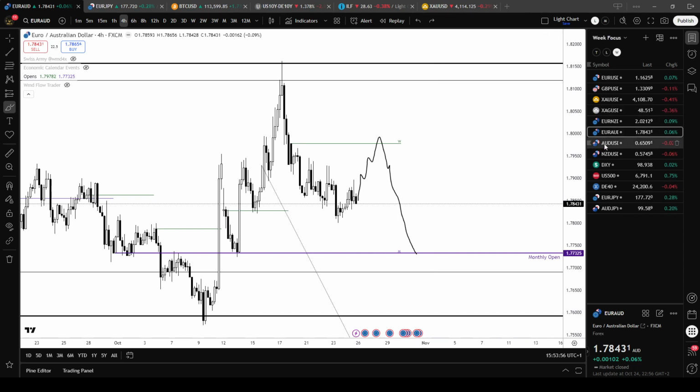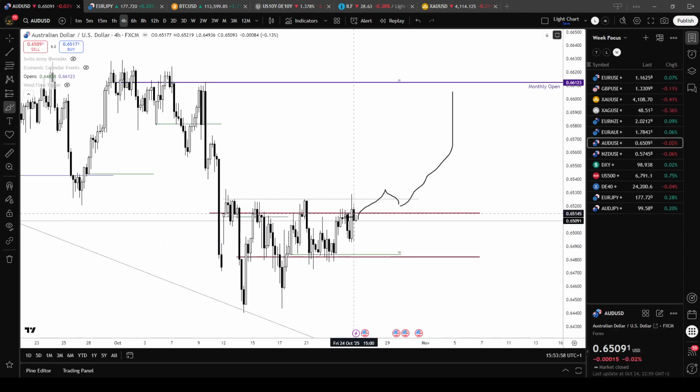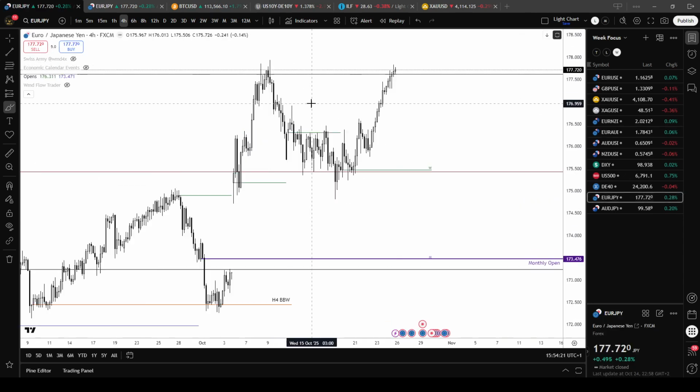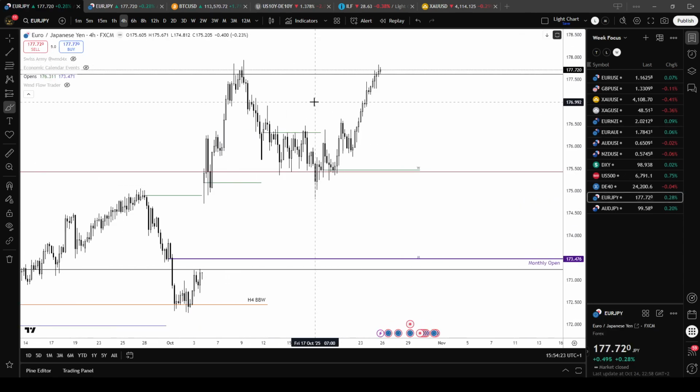And given how AUD is shaping against the USD, I think that AUD will outperform the euro if we're talking on the long side, and that translates to lower EURAUD. And yeah, let's see. I think I've covered pretty much what I wanted to cover.